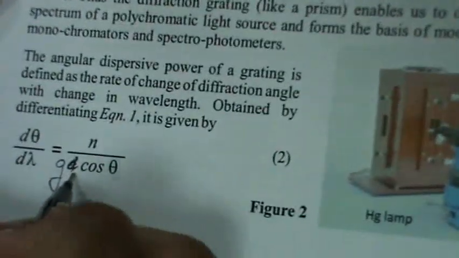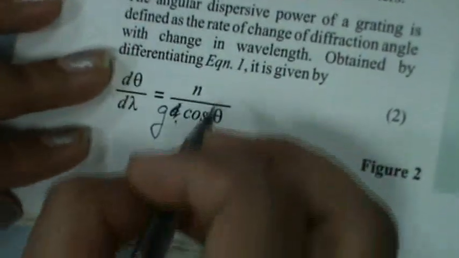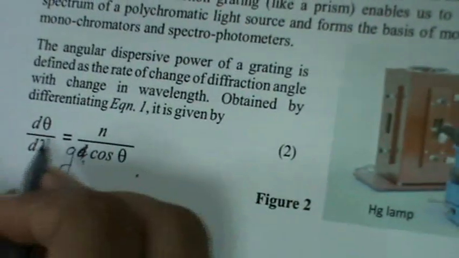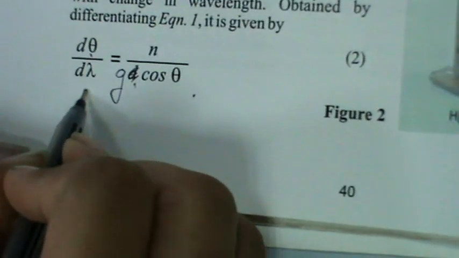There is a correction in the manual. The D is not there, a D is printed, which is incorrect. Instead it is n by G cos theta. So it's basically the rate of change of diffraction angle with the change in wavelength.